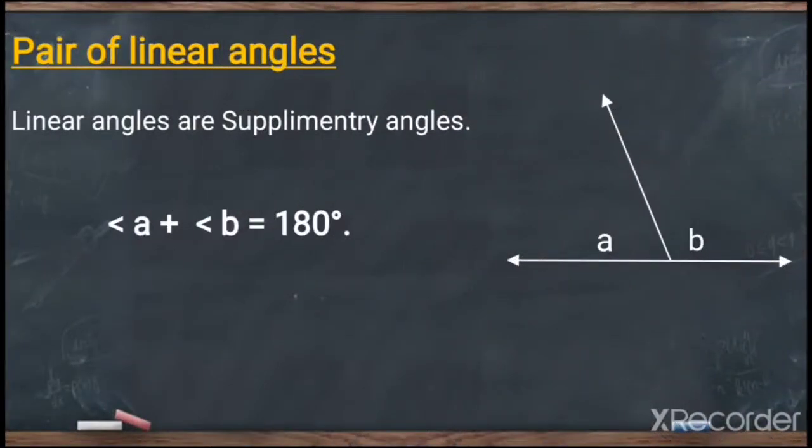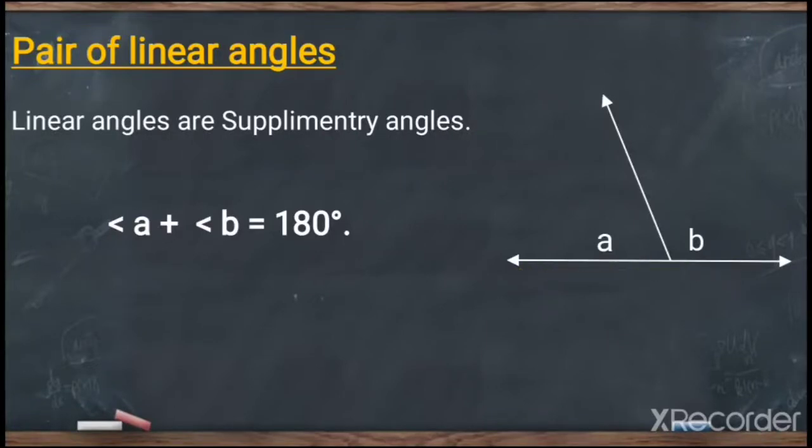Now let's see the pair of linear angles. Here two angles are drawn, angle A and angle B. In this diagram, this ray is a common ray of both angles and the remaining rays create one straight line.